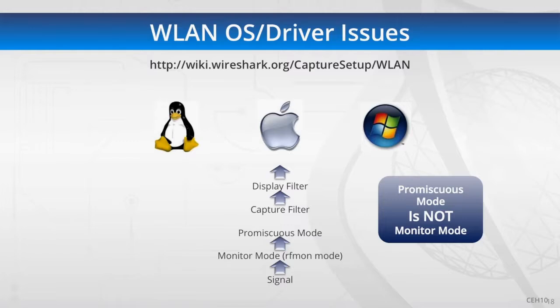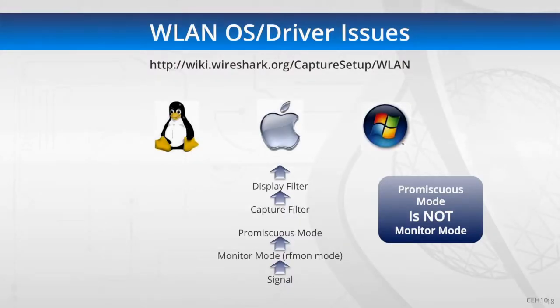The problem is that monitor mode for the Microsoft operating system does not work the way you want it to. You cannot capture all of the packets that are flowing, especially when it comes to wireless. You cannot capture a lot of the packets. If you want to do packet injection wirelessly, you cannot do it on a Microsoft-based operating system.